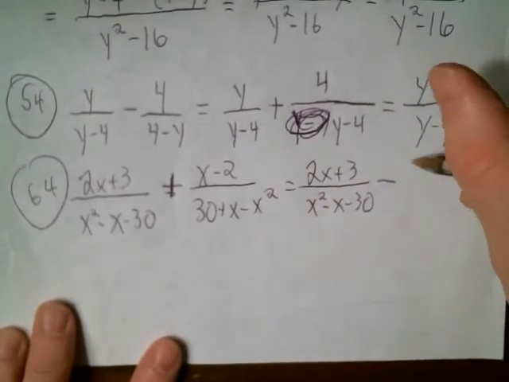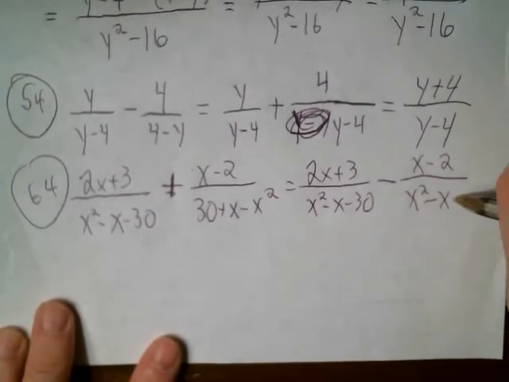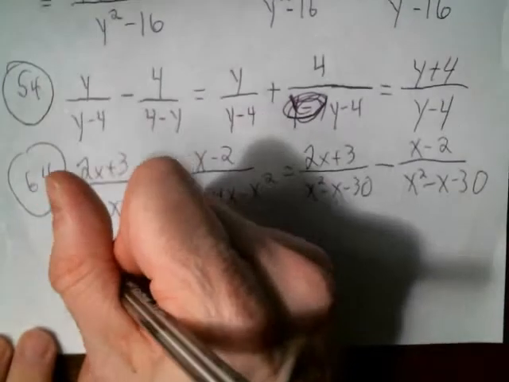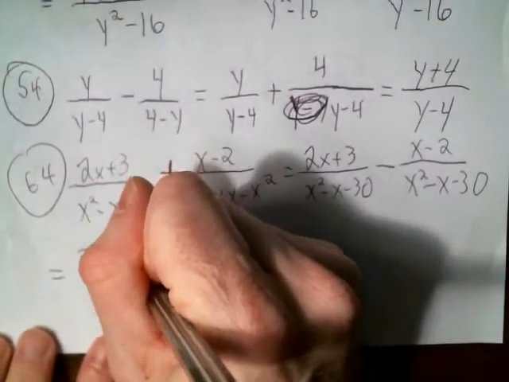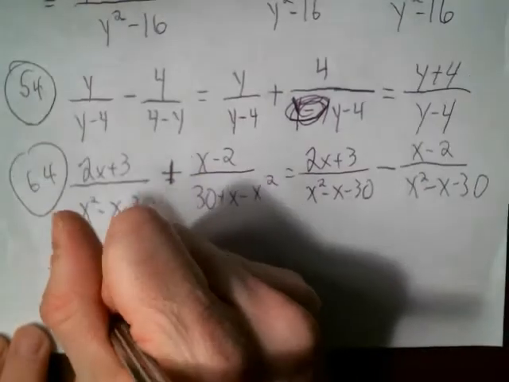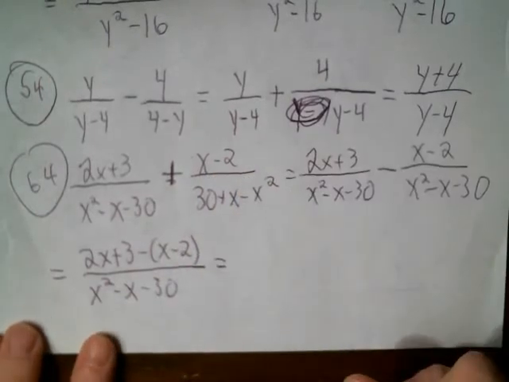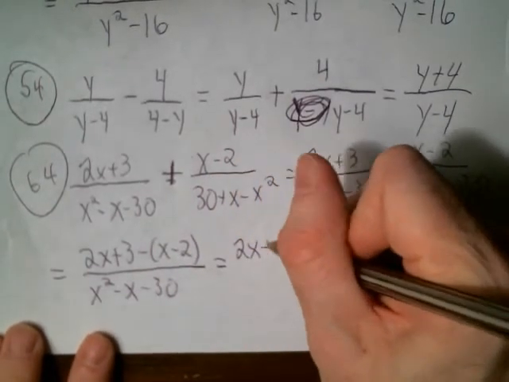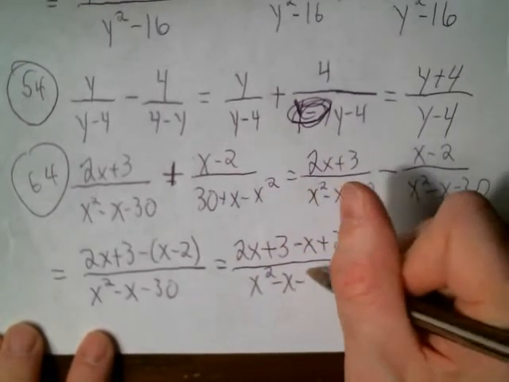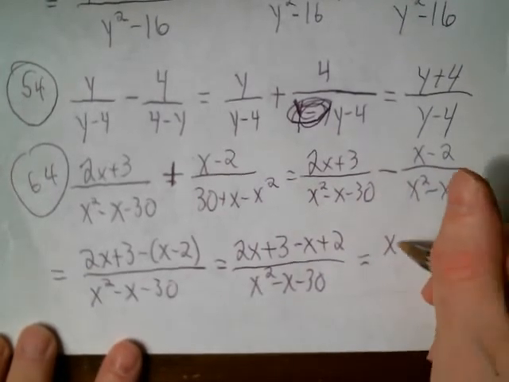Change the sign in between them. Downstairs now I have x squared minus x minus 30. Subtract the numerators over the common denominator. Don't forget to include those parentheses. Distribute. Okay. 2x minus x is x. 3 plus 2 is 5.